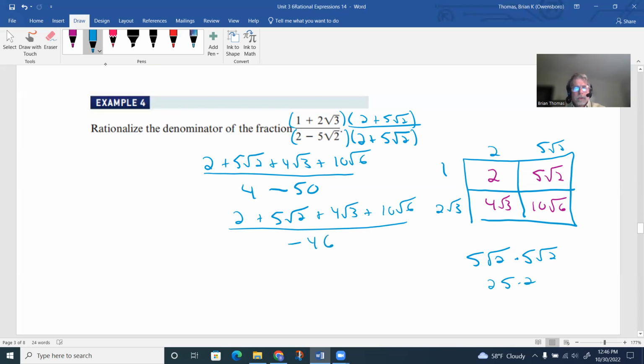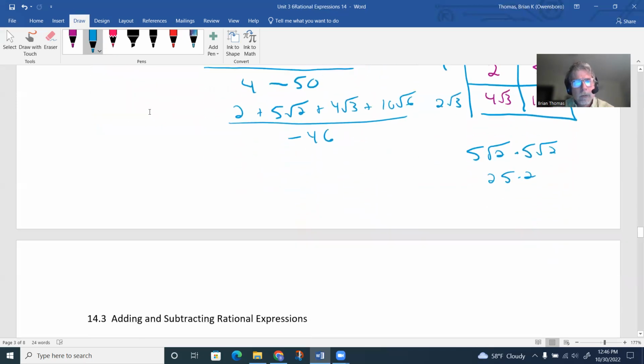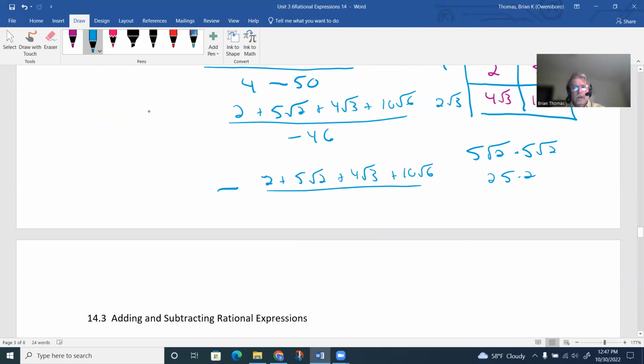And again, if you want, you can put the negative out in front or on the top. So we could leave it like that if we want. Or if we want, we could pull the negative out in front and say 2 plus 5 square root of 2 plus 4 square root of 3 plus 10 square root of 6 over positive 46 now.